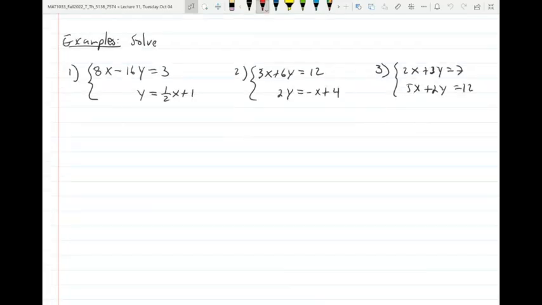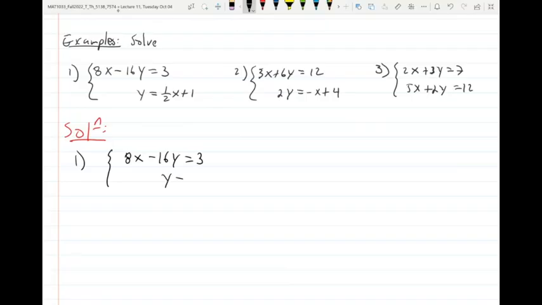Okay. So let's solve this. For the first one, we have ax minus 16y equals 3, and then y equals 1/2 x plus 1. In this case, this is really begging you to use the substitution method, because we already have one equation in which one of the variables is already solved for.